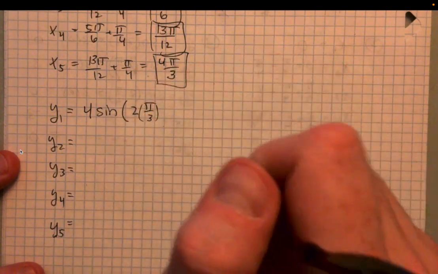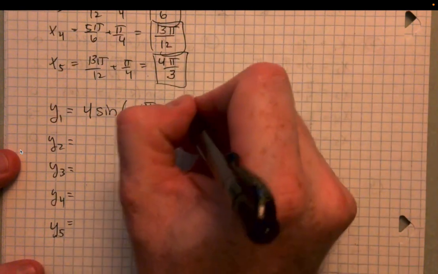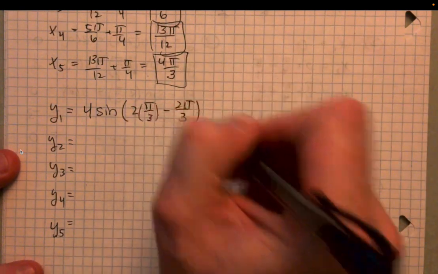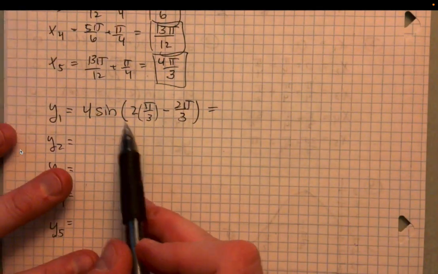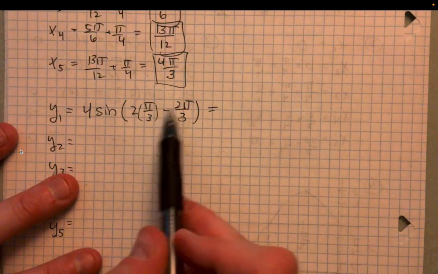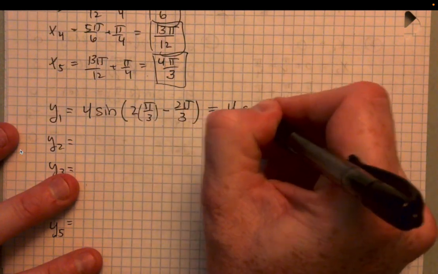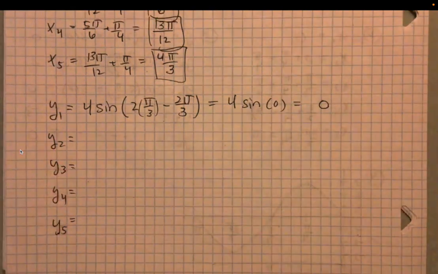Put it in parentheses. And then you have to do the minus c part too, so minus 2 pi over 3. Okay, and I'm going to just let you think through what that would be, but this would be 2 pi over 3 minus 2 pi over 3. So this is really 4 times the sine of 0.